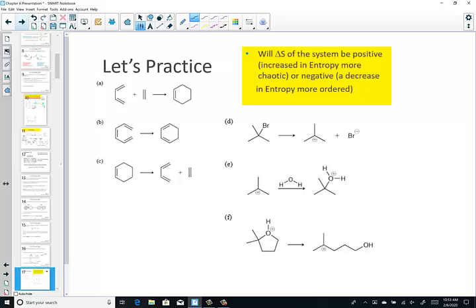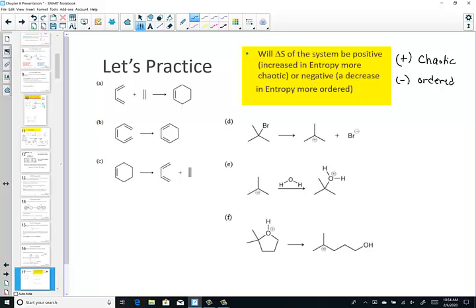Will the delta S, the entropy of the system, be positive or negative? If it's positive, we know it's becoming more chaotic, which is favorable. And if it's negative, it's becoming more ordered, which is not favorable for spontaneity of a reaction.